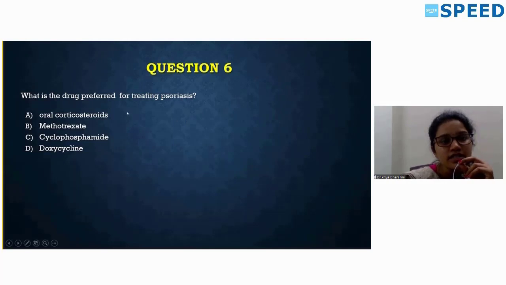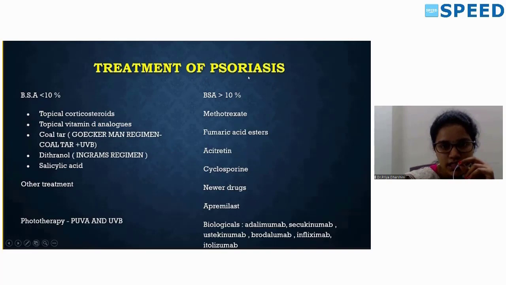Next question is, what is the drug preferred for treating psoriasis? What is the drug of choice? Usually, you should know it. Methotrexate is the drug of choice for psoriasis. We'll discuss in brief the treatment of psoriasis. Actually the treatment depends upon the body surface area involvement. If the patient has skin lesions of less than 10% body surface area involvement, first you have to start with topical treatment only.